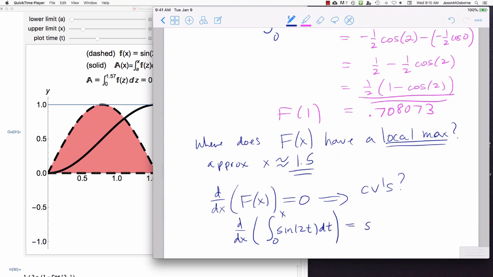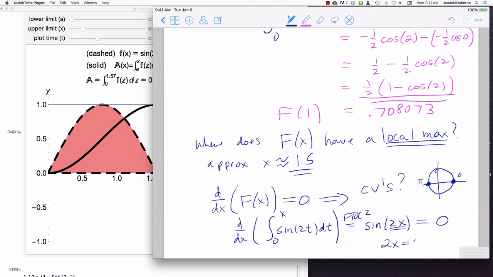But the answer there, by the second fundamental theorem of calculus, is the sine of 2x. When does the sine of 2x equal 0? Whenever 2x is equal to, remember from the unit circle, that the sine is equal to 0 at 0 and at pi radians.